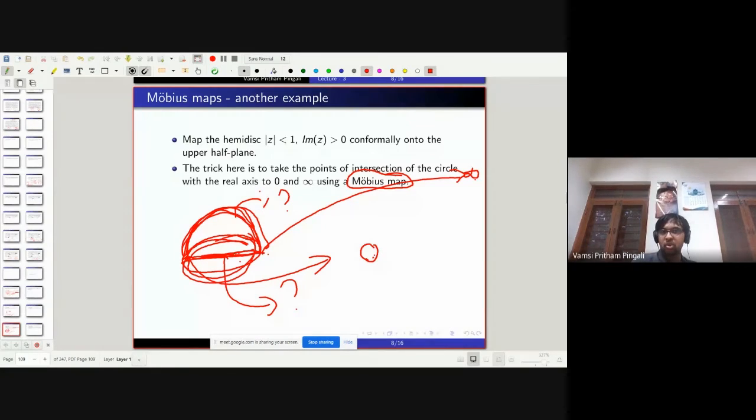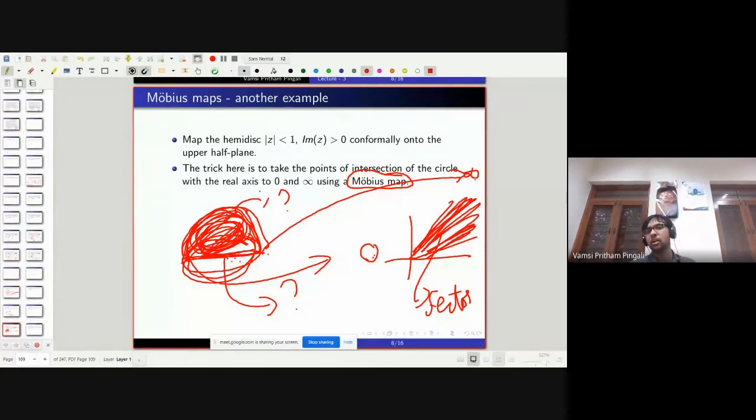Meaning these two go to two straight lines like this. So this entire base, this semi-disk, goes to a sector. Is this argument clear?